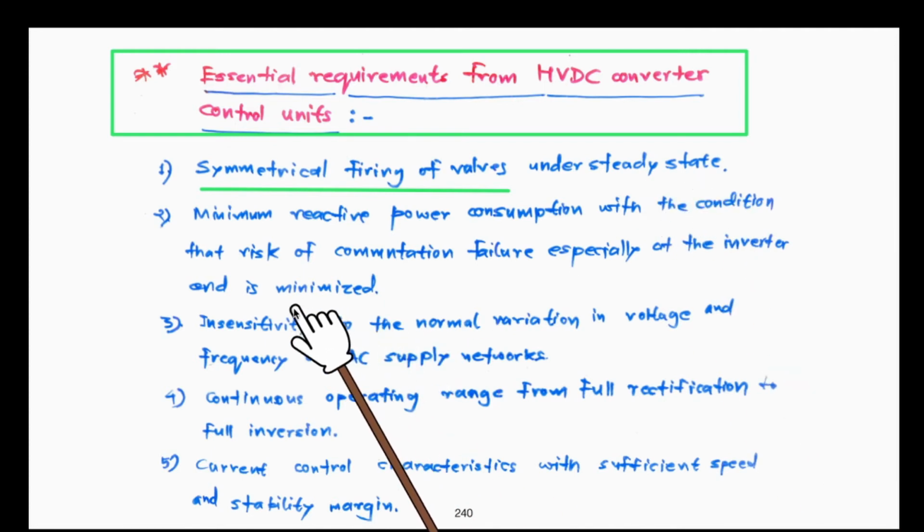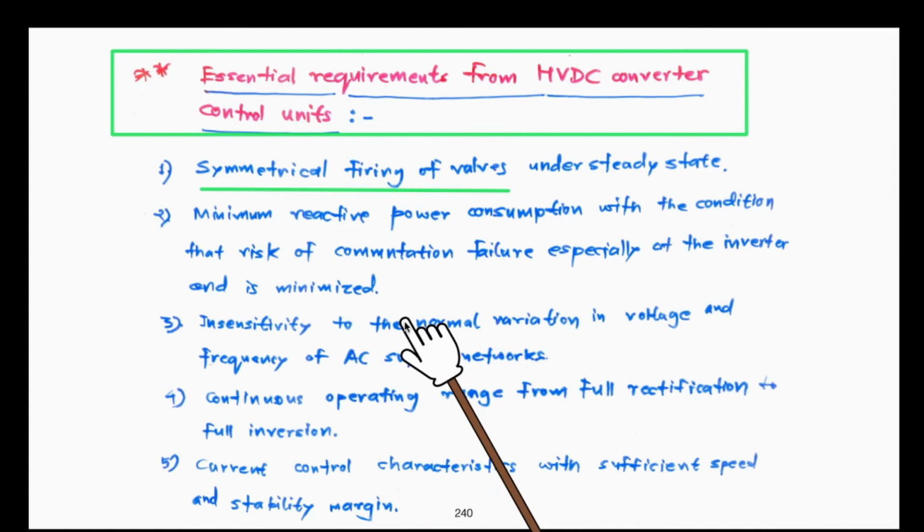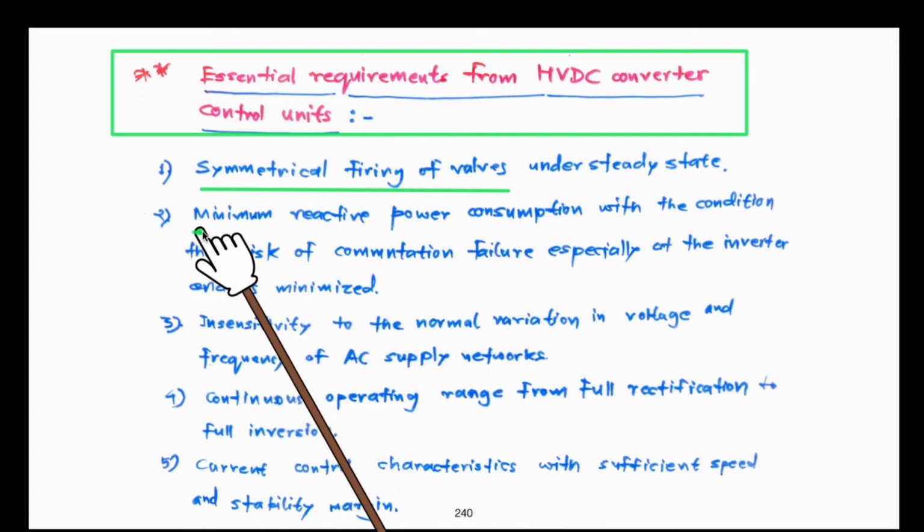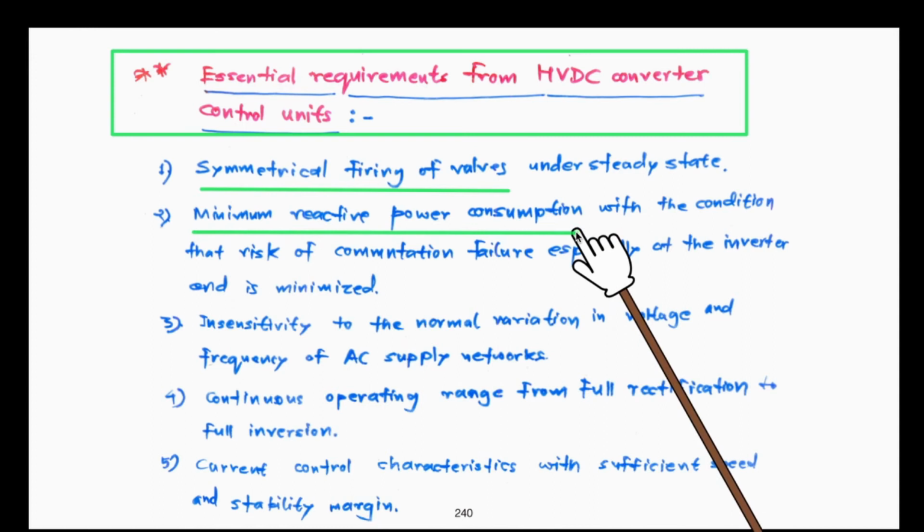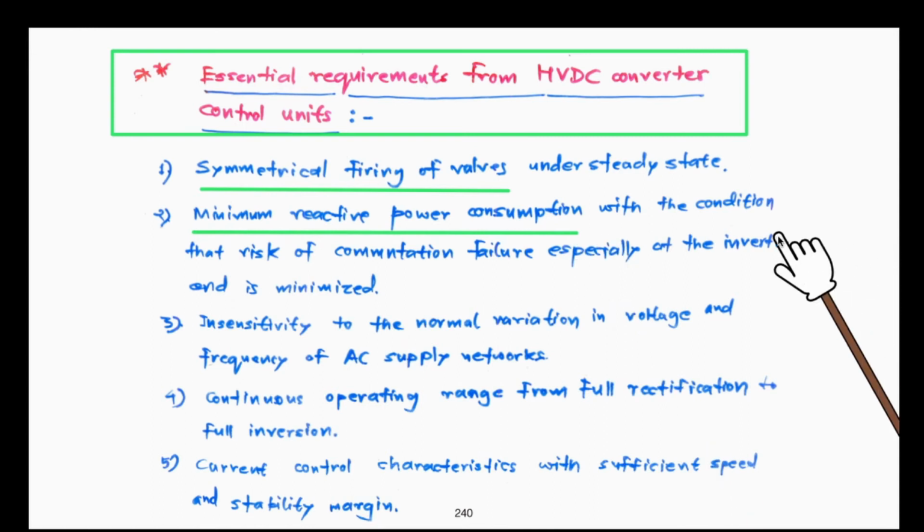gate pulse, right? While we are controlling the DC current and making power flow control, it is absolutely necessary to minimize the reactive power consumption. We want to make power flow control through AC to DC conversion and DC to AC conversion in the HVDC system, but at the same time with minimum reactive power consumption.